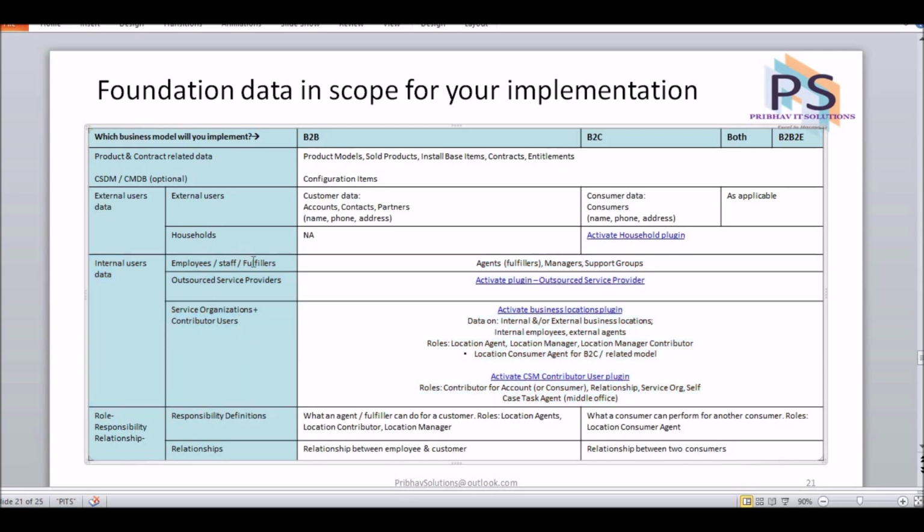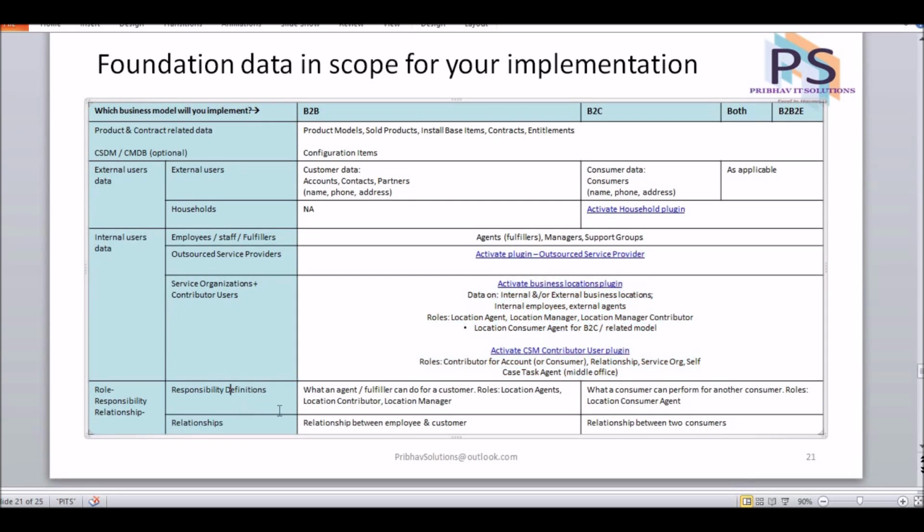So all employees, staff and fulfillers are part of agent managers and support groups. We need to have all this information. If it's an outsource or other service providers, then in ServiceNow we need to enable a few more plugins. Then only we can manage all other locations. And some of them are separate license plugins.